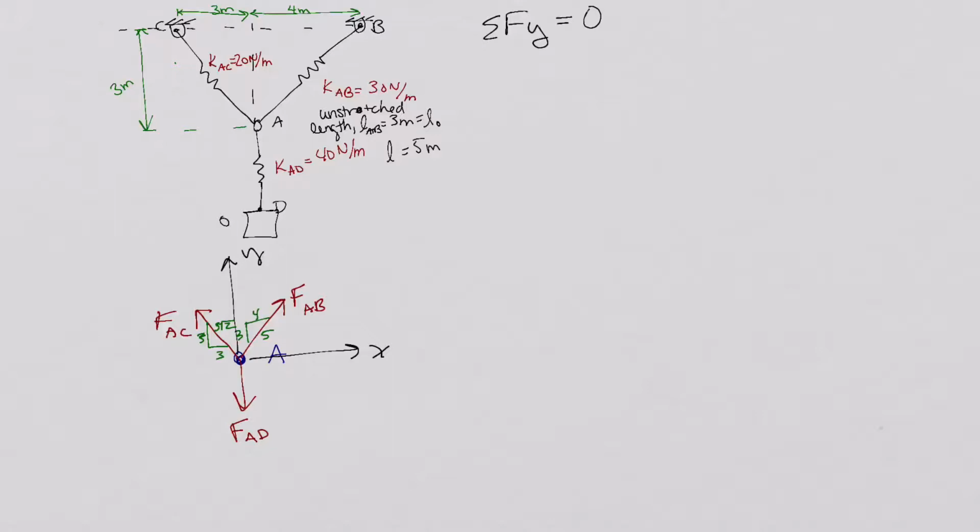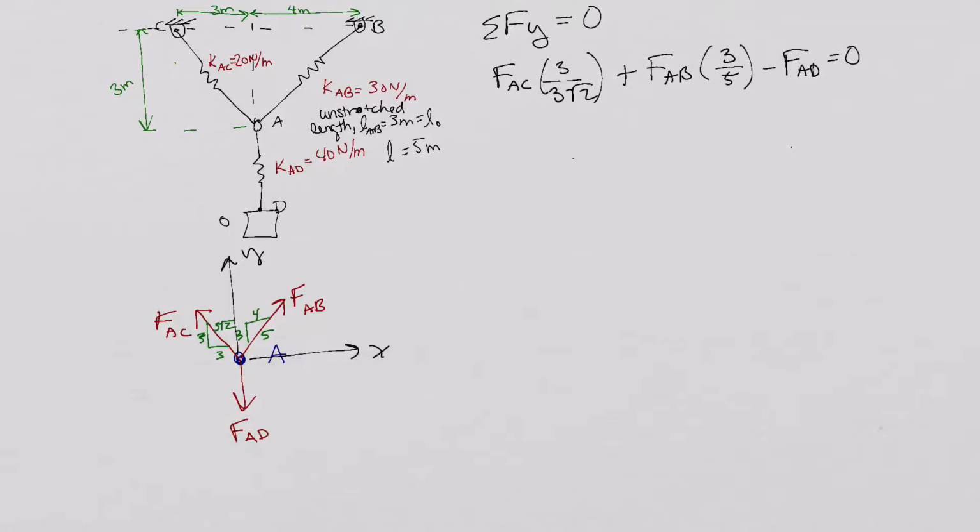I'm sorry about that. So now I've got FAC times, and this is the y component, so 3 over 3 square roots of 2, plus FAB times 3 over 5, minus FAD, that equals 0.